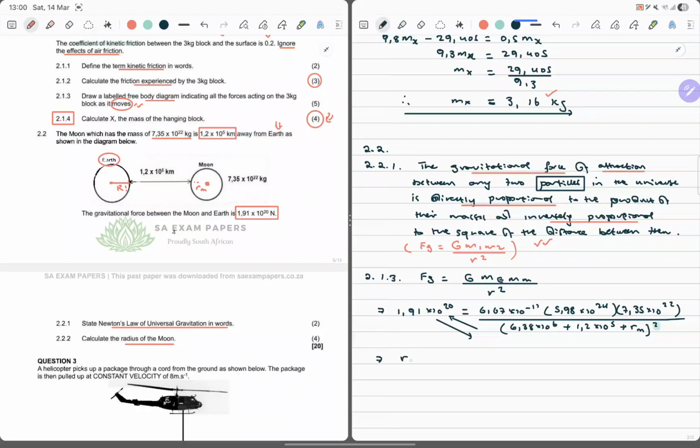I'm going to say the radius of the moon is going to be the square root of 6.67 times 10 to the minus 11 into 5.98 times 10 to the 24 into 7.3 times 10 to the 22. Maybe let's back it up a bit.